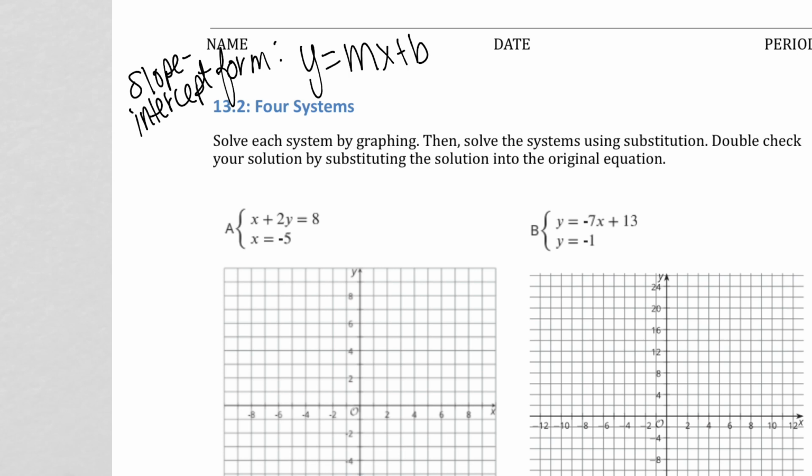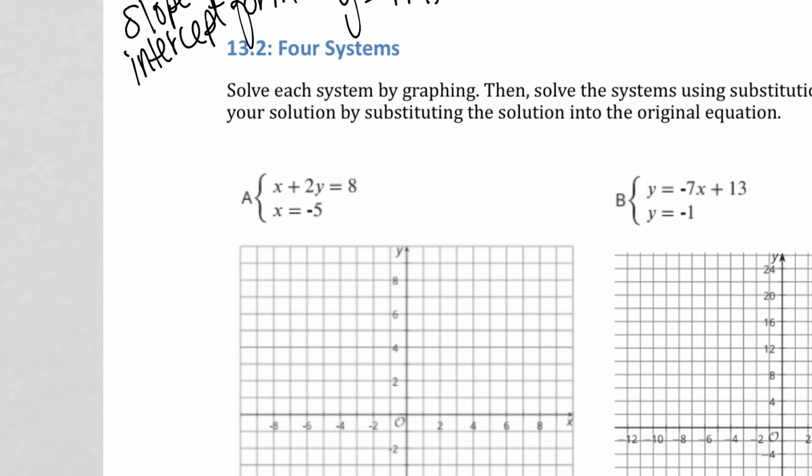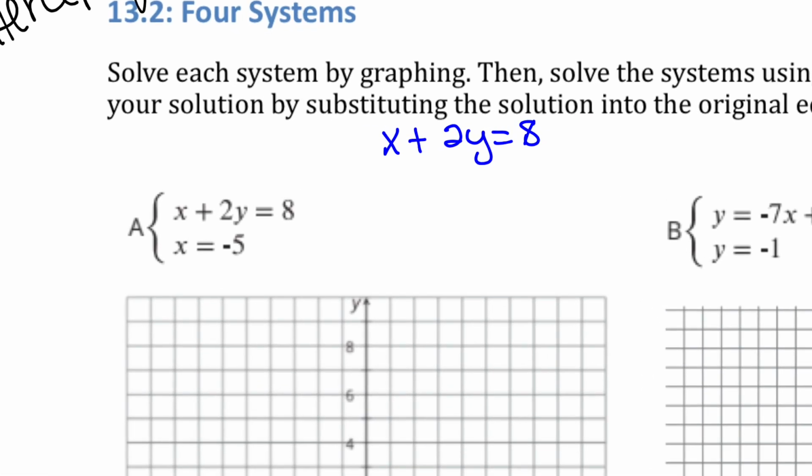So, is my first equation down here in slope-intercept form? No. How do I put it in slope-intercept form? The y has to come first, and then the intercept, and then the x, right? Okay.